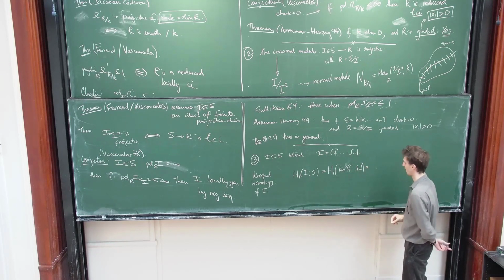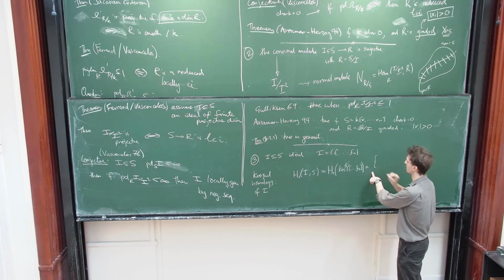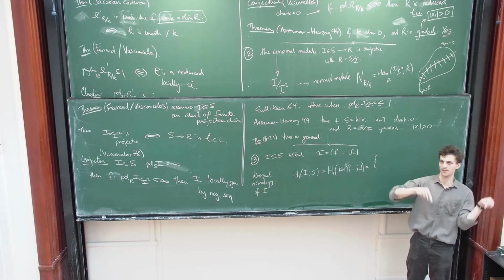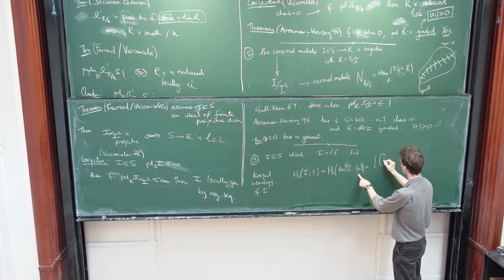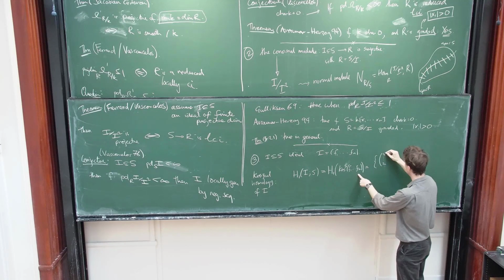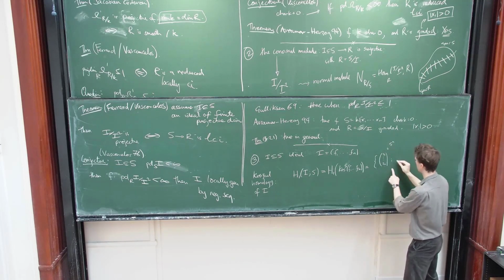If you don't know about that, there's a simple way to think about this. You take all the relations between the generators, otherwise known as syzygies, which means take those elements S1 up to Sn in S^n such that the sum of Si times Fi is equal to 0.